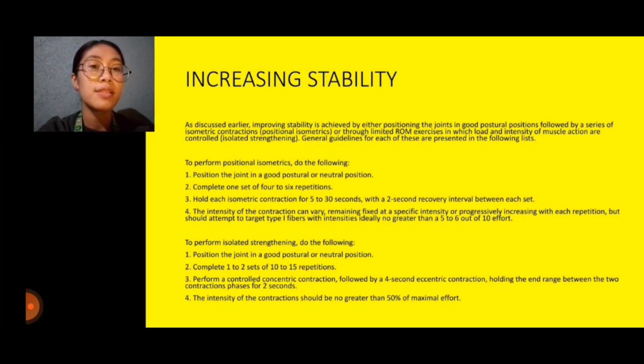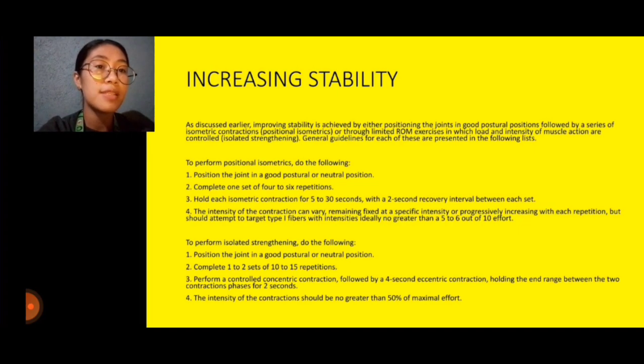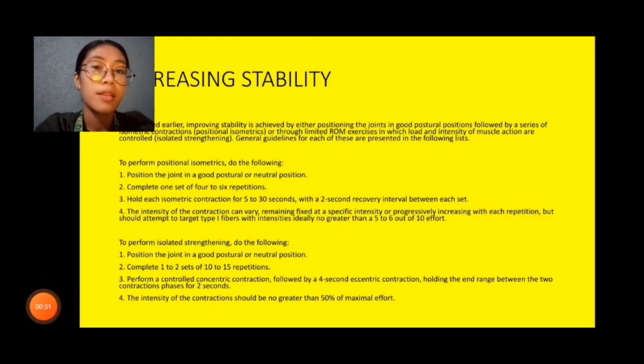The fourth is the intensity of the contraction can vary, remaining fixed at a specific intensity or progressively increasing with each repetition, but should attempt to target type 1 fiber with intensities ideally no greater than a 5 to 6 out of 10 effort.